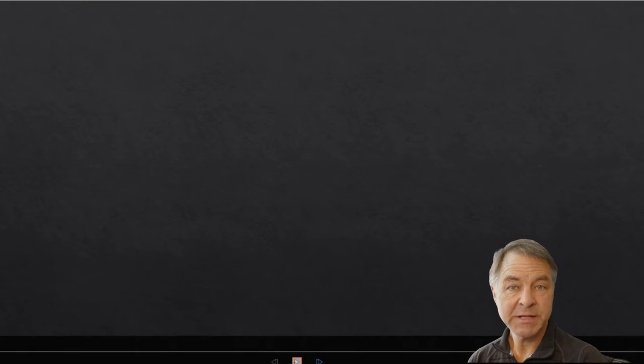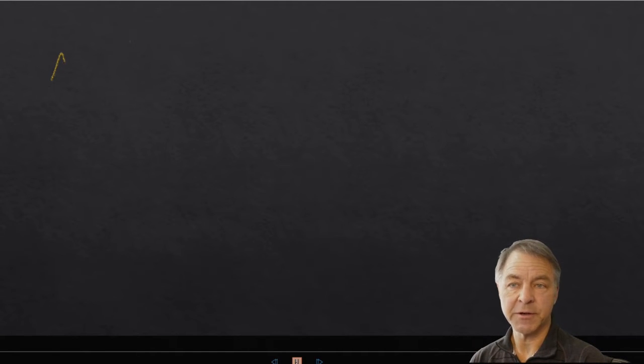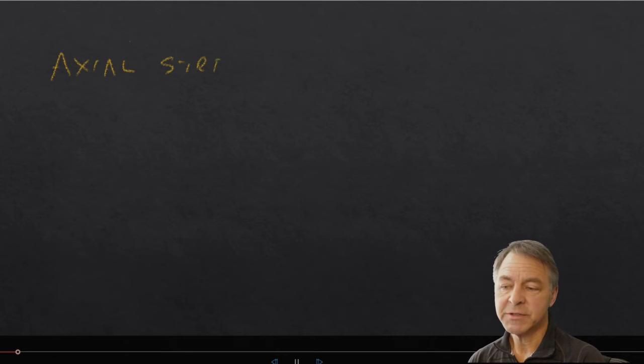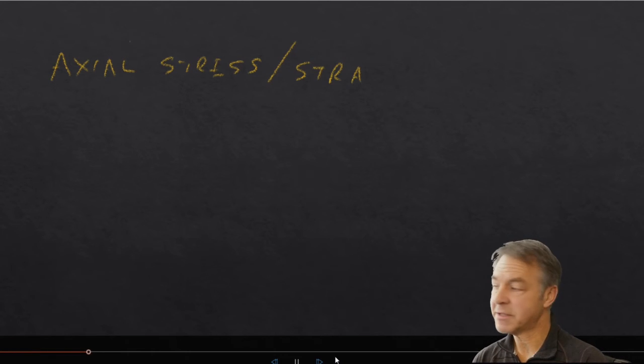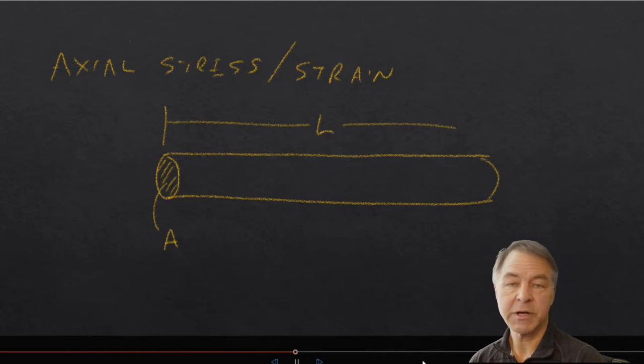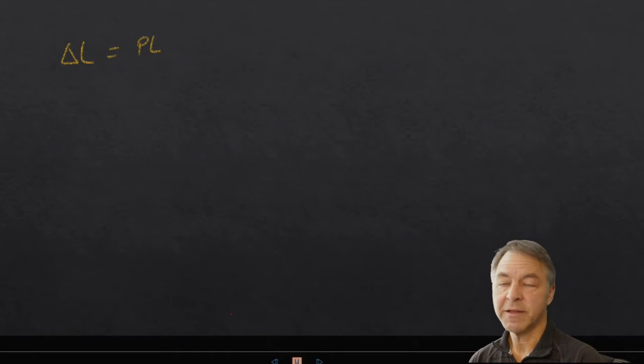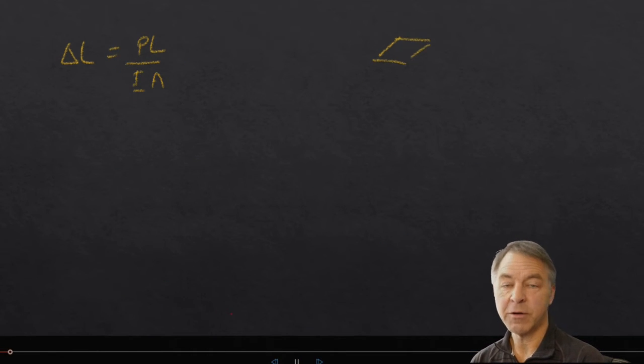So let's look at some basic theory that you've covered in Strength of Materials class in your second year. For axial stress, the most simple case of stress analysis that you've done, or axial strain, if we've got a long linear bar of something with a cross-sectional area A and a length L with a Young's modulus of E, that's the modulus of elasticity, and you apply a load P to either end, then the change in length formula is PL over EA.